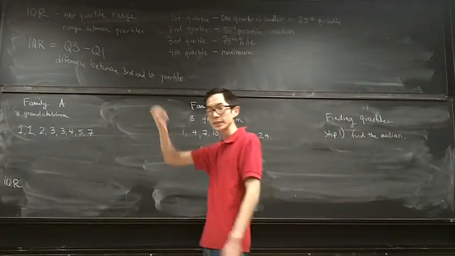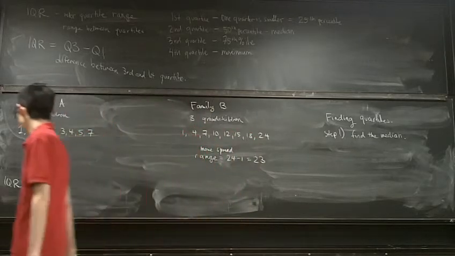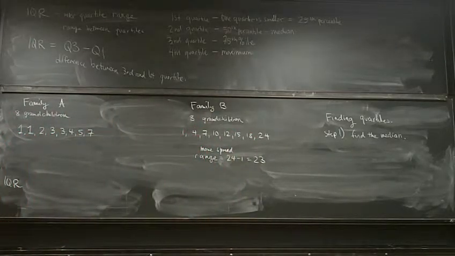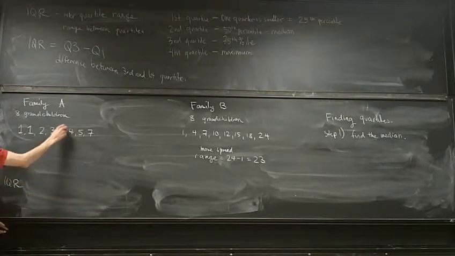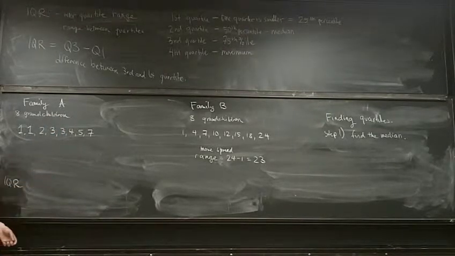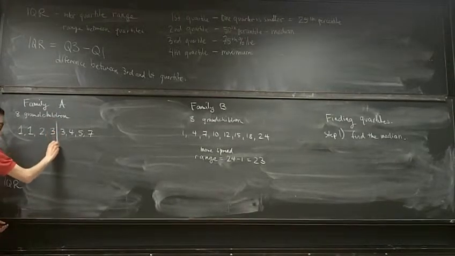What is my median here? 3. If I had to draw a line at the median, where would I draw the line? Would I circle this 3, or draw a line between the 3s? I would draw a line between the 3s, right?